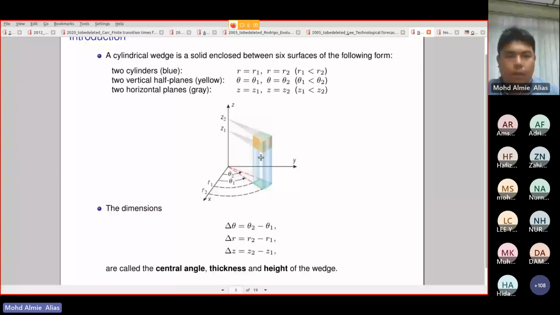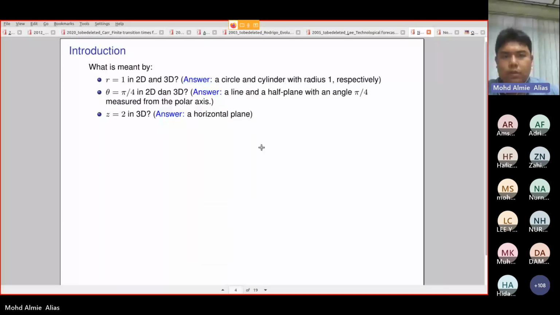Okay. So let's go to the next. So what is meant, we've seen this before, by r equals 1 in 2D? In 2D you get a circle, right?